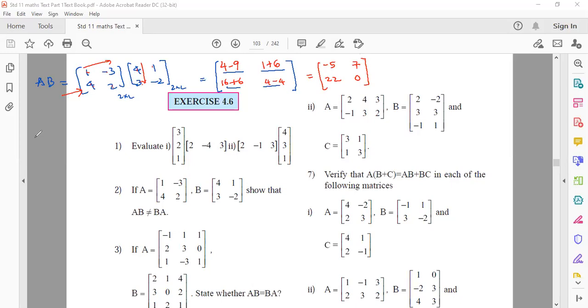Now you will calculate what is BA. So B is 4, 1, 3, minus 2. A is 1, minus 3, 4, 2. Now again 2 by 2 with 2 by 2, you will get 4 elements.